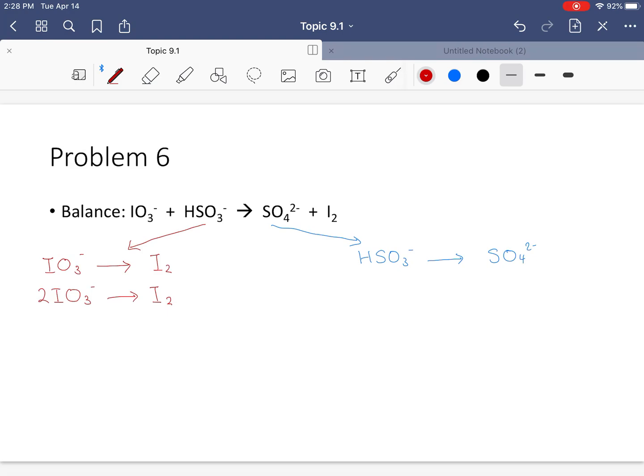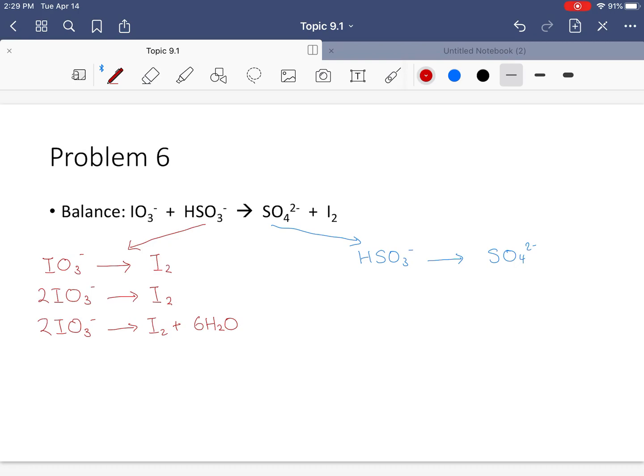Oxygen first. So we can see that there's 6 oxygen. To make sure that there's 6 oxygen on the right side, we add water, just like what I'm going to do right here. So I2 plus 6 water, because there's 6 oxygen on the left, make sure there's 6 oxygen on the right.